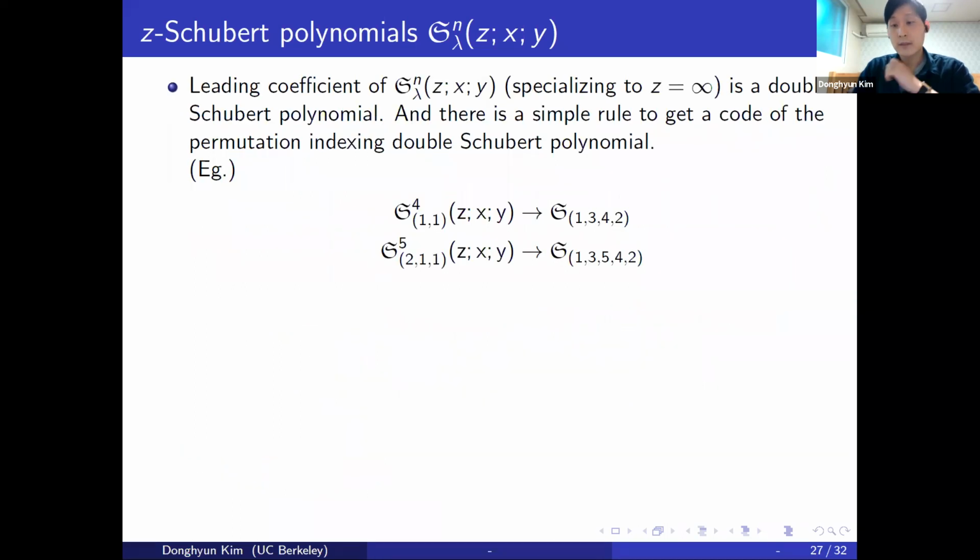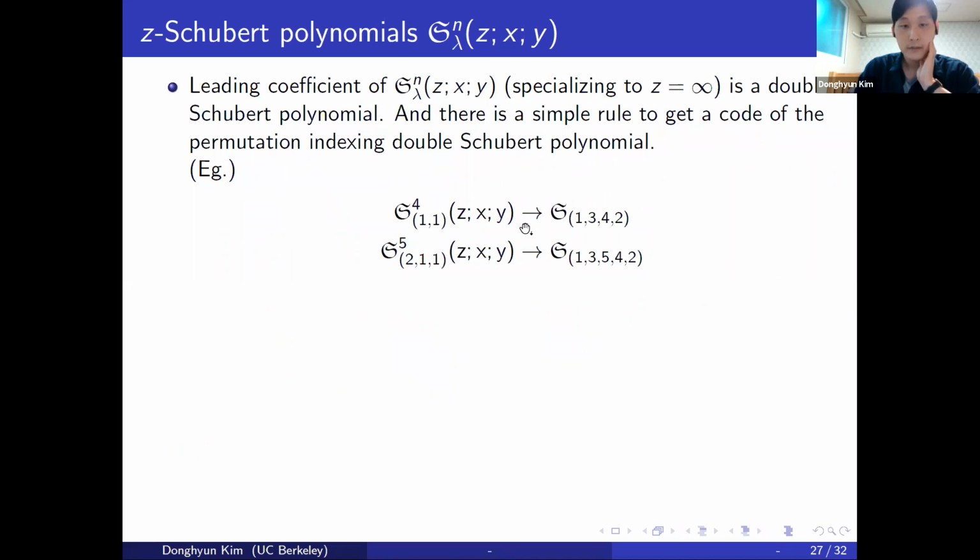And the property of Z Schubert polynomial is that if we take the leading coefficient in Z variables, then it is a double Schubert polynomial for a certain permutation. And of course, there is a rule to get a code of that permutation, indexing the double Schubert polynomial.